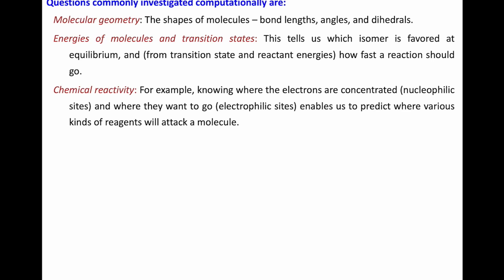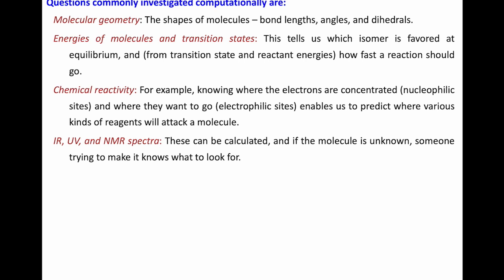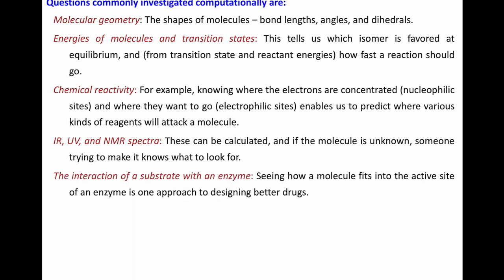For example, knowing where the electrons are concentrated, whether it is a nucleophilic site or an electrophilic site, or where the electrophiles are attaching, all these things we can find out using computational chemistry techniques. We can also find the IR, UV and NMR spectra, and the interaction of a substrate with an enzyme.